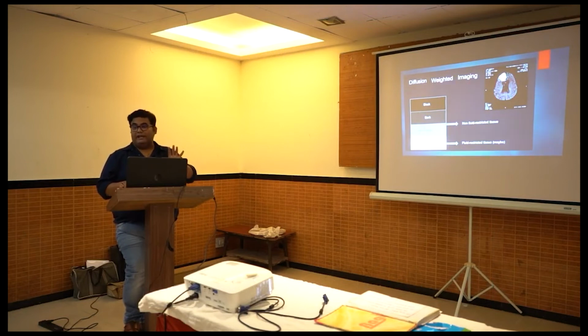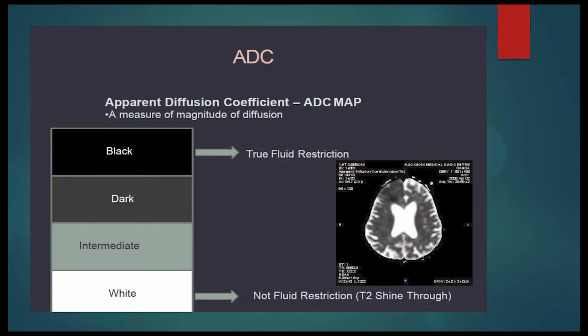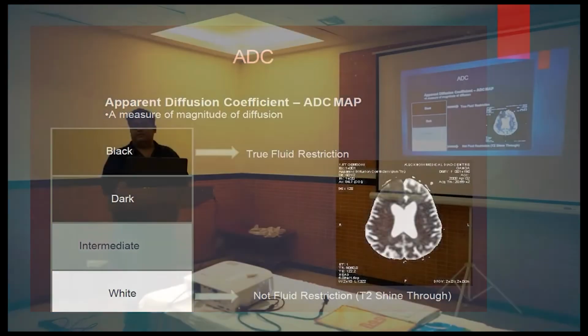But yet we have to wait. We have to do an ADC map also. If that thing which was looking brighter on the diffusion weighted image becomes darker on an ADC map, then it's true restriction.